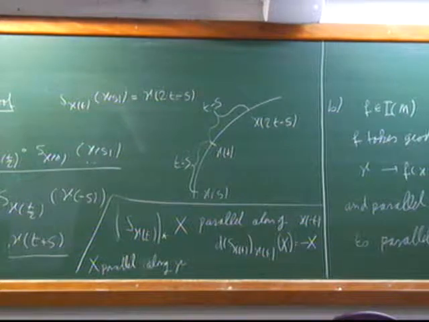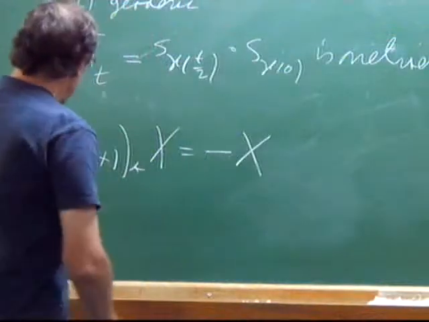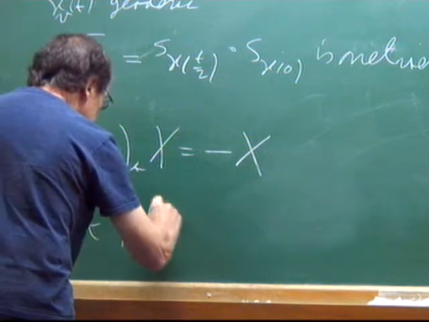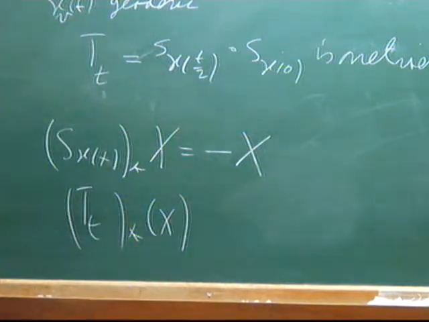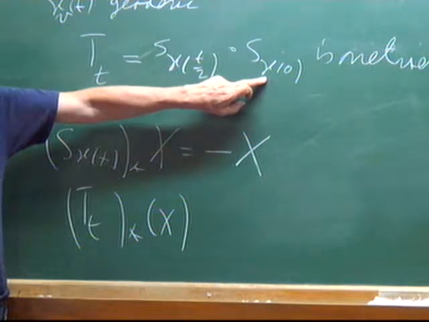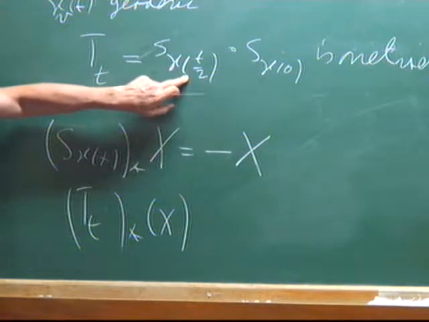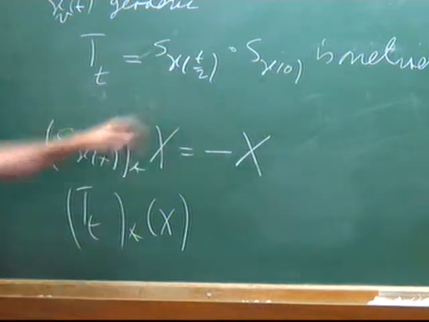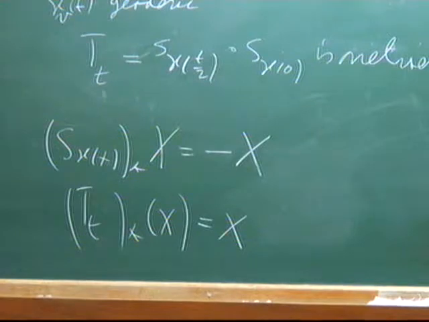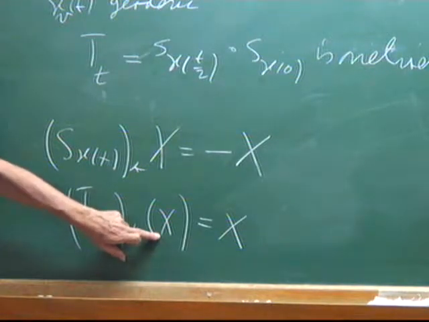Now I have to do it twice. So I take T star of x. Well, it flips it twice. This flips it at the point gamma of 0, changing the sign. This flips it at the point t over 2, changing the sign again. So it's simply equal to x again. So indeed, the image of a parallel vector field is again parallel.